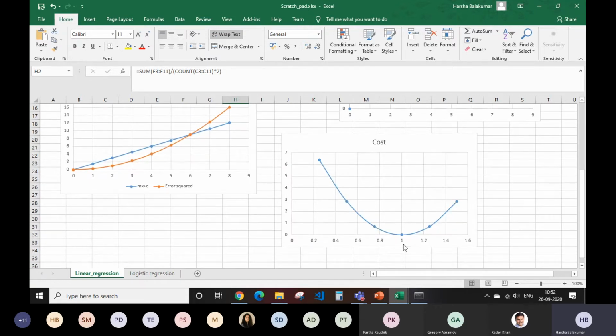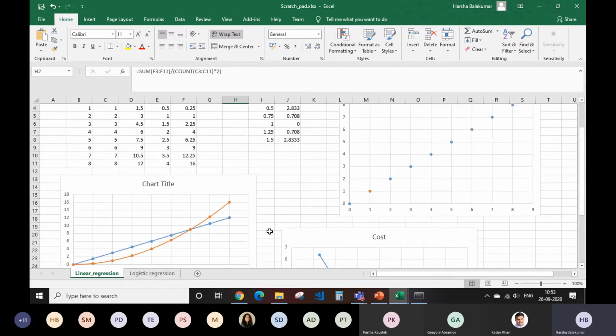Here, when m is equal to 1, c we have assumed to be 0, because it's easier to explain with a two-dimensional graph. When m is equal to 1, we get the minimal cost, which is 0. That's the minimum possible.